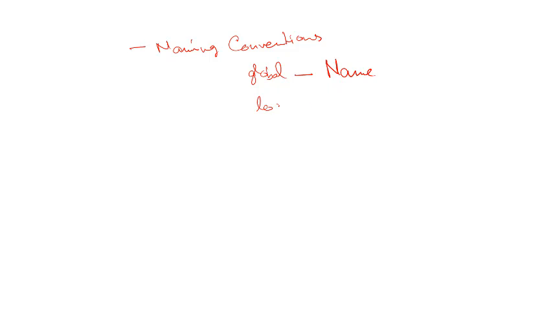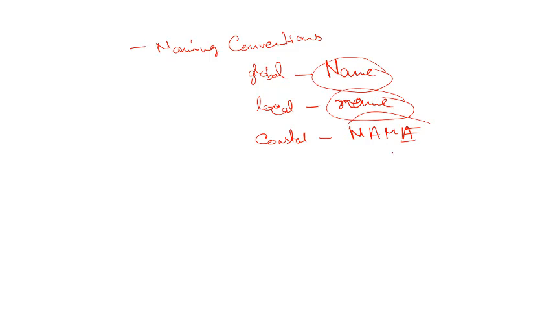If it is a local variable, we may use another NAME style. If it is a constant, we may use another NAME style. So by looking at the name of the variable, we can easily understand that this is a constant, a local variable, or a global variable. This type of convention you should follow when you are writing the code.